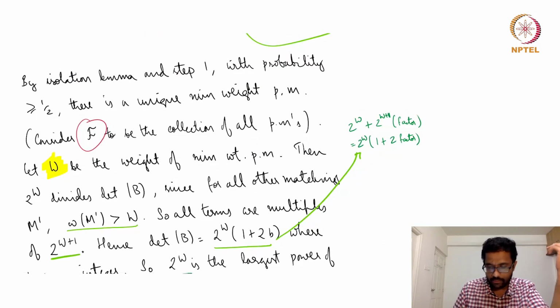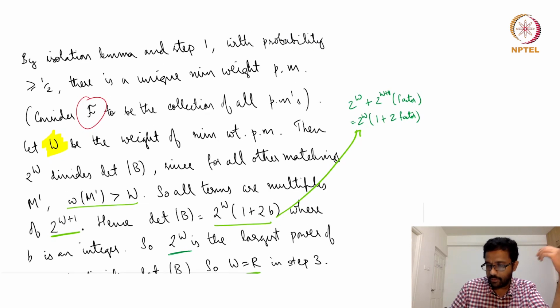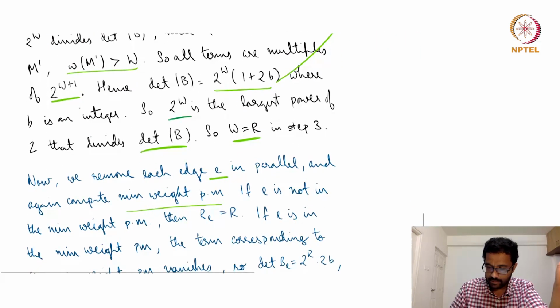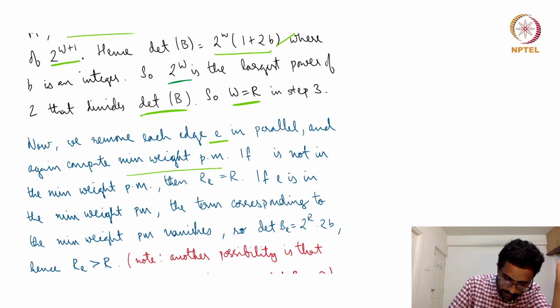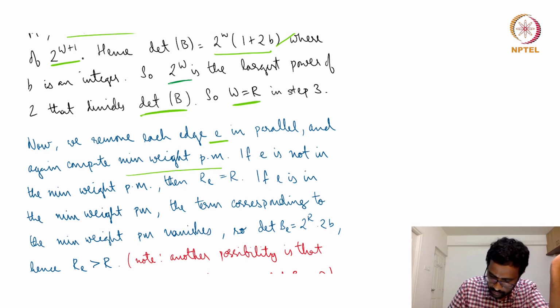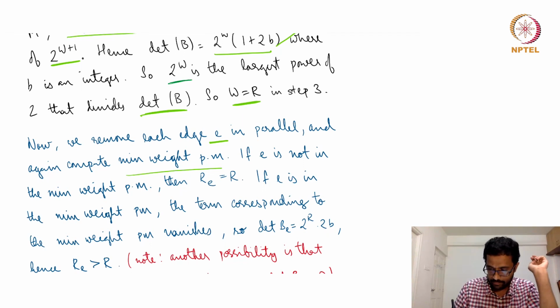W will be the unique min weight perfect matching's weight, and if you extract the largest power W for which 2 power W is a factor, you will still get the same thing. So if E is not in the min weight perfect matching, then RE will be equal to R, because the unique min weight perfect matching is retained.